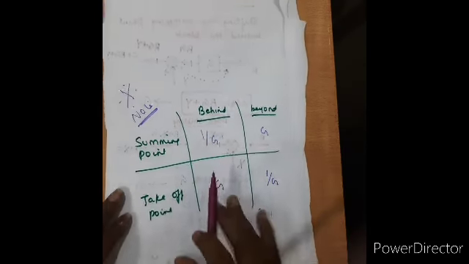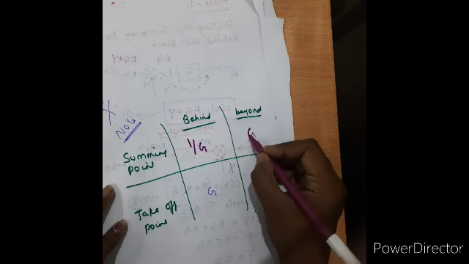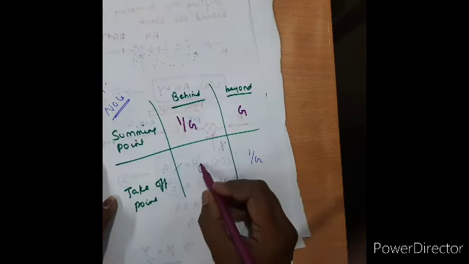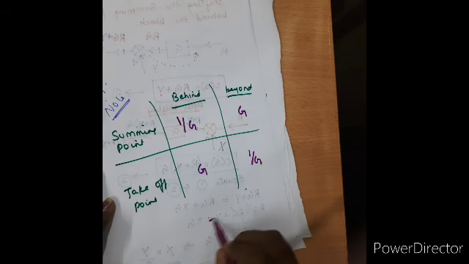Summing point behind is 1 by G, beyond it is G. Takeoff point behind is G and beyond is 1 by G.